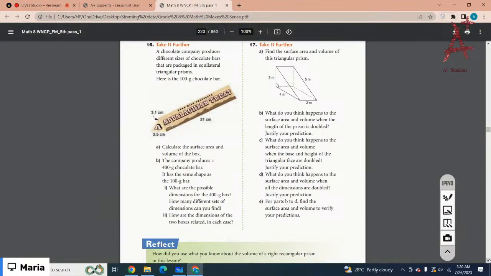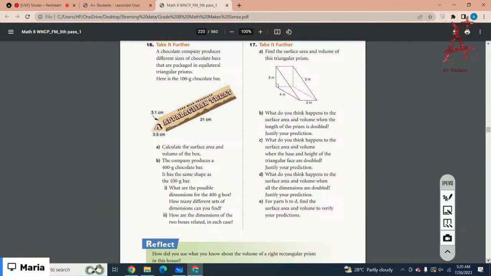Okay, just look at question number 16. A chocolate company produces different sizes of chocolate bars that are packaged in equilateral triangular prisms. Here is the 100-gram chocolate bar. Calculate the surface area and volume of the box. The company produces a 400-gram chocolate bar. It has the same shape as the 100-gram bar.